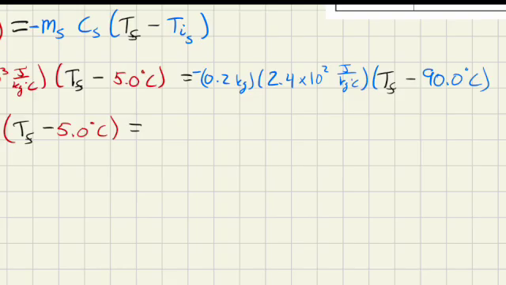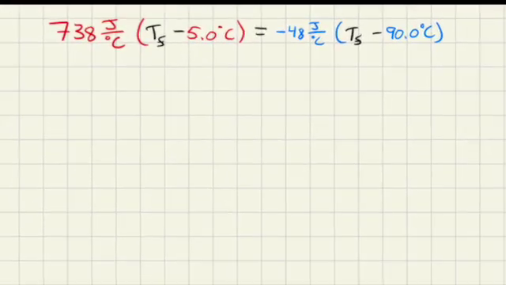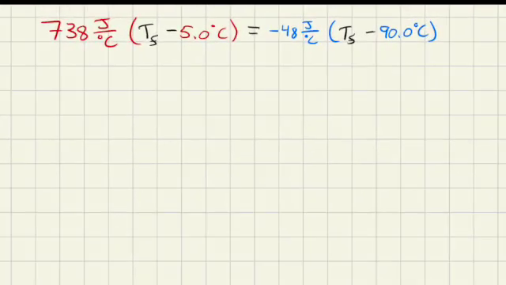So that number, what I'm getting is negative 48 joules per degree Celsius. All of that is multiplied by TF minus 90 degrees Celsius. A lot smaller, right? A lot fewer variables, a lot easier to see.